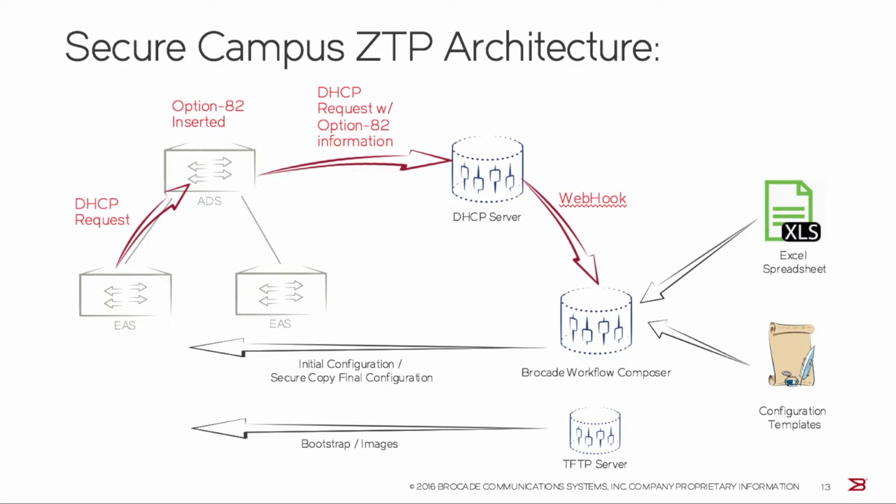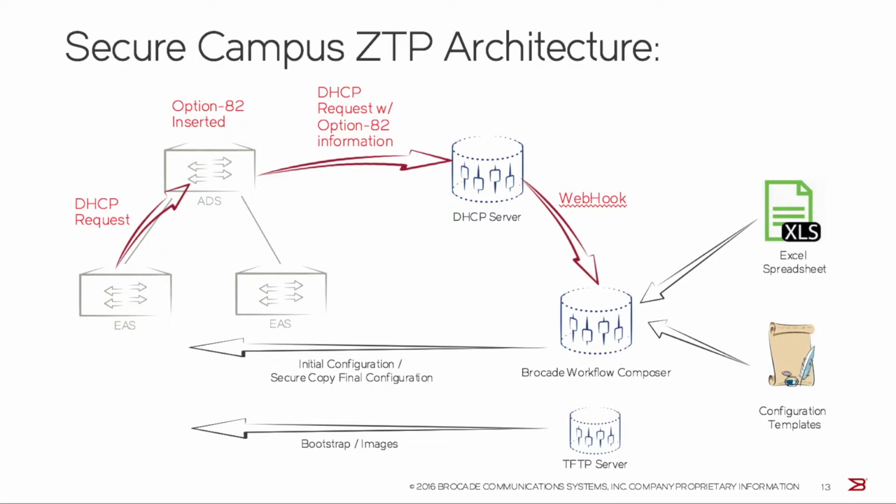In a typical campus, we have an area distribution switch, ADS, and attached to that are many edge access switches. Fresh out of the box, an edge access switch will send a DHCP request. This DHCP request will go to the core or distribution switch, which will insert an option 82 to the DHCP request.